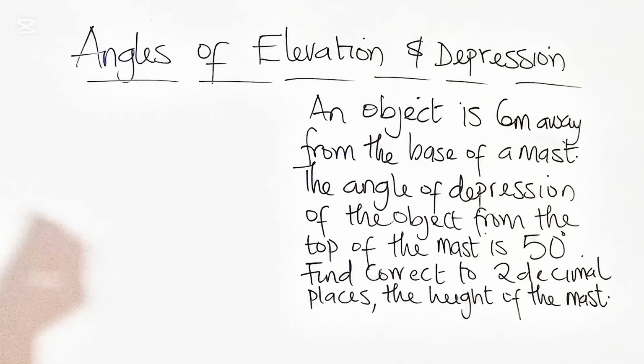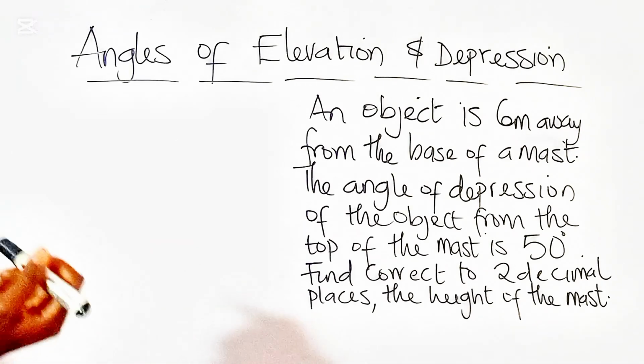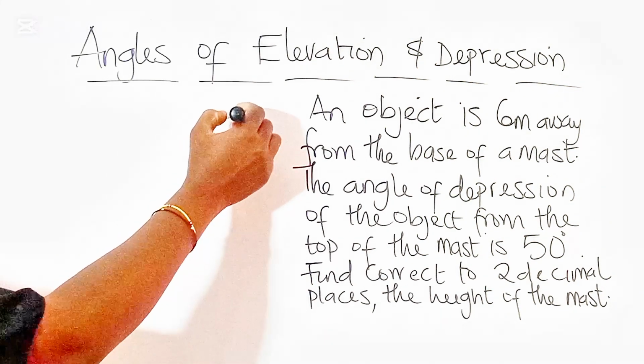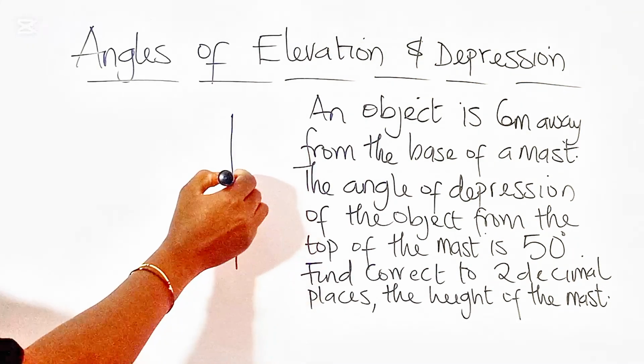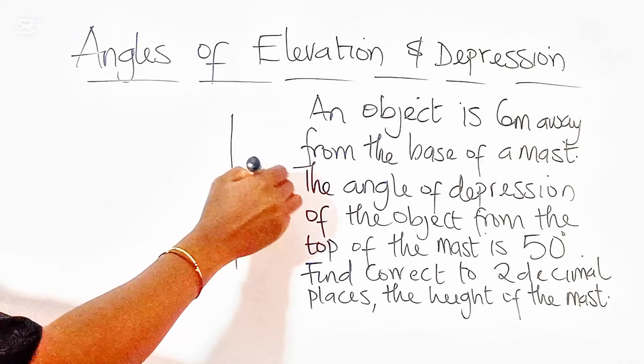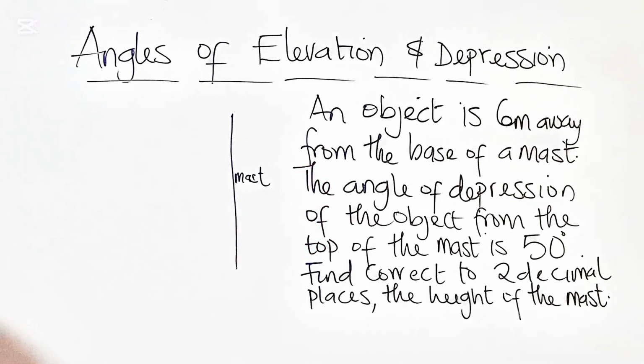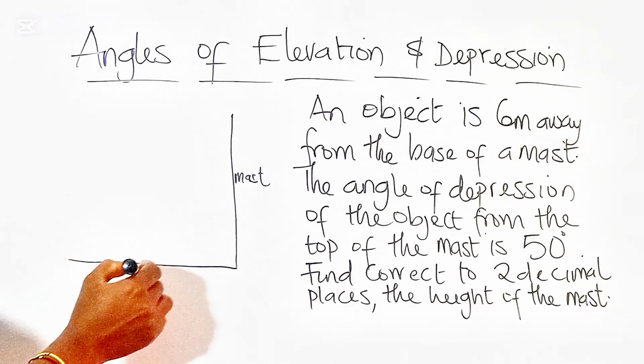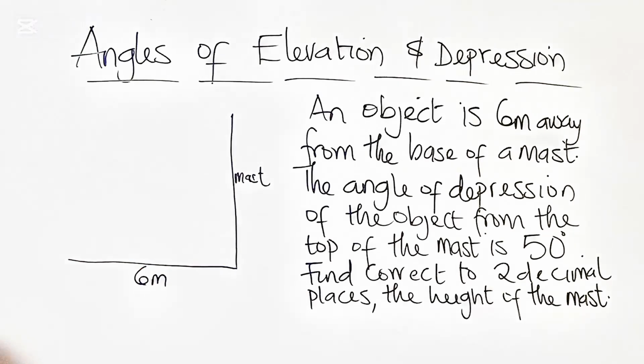And we have our first question here. It says an object is 6 meters away from the base of a mast. So let's say this is our mast. 6 meters away from the mast would be in this form. So we have 6 meters here.